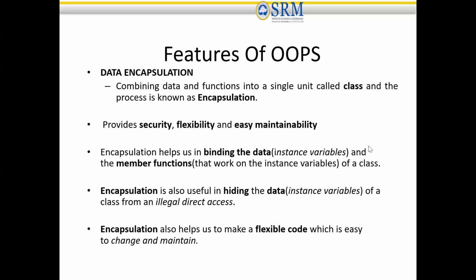Encapsulation is also useful in hiding the data, which means protection of data with the help of public and protected from illegal direct access. Encapsulation also helps us make flexible code which is easy to change and maintain.